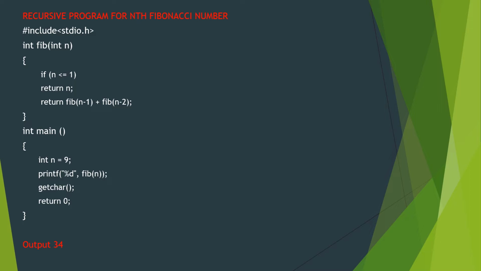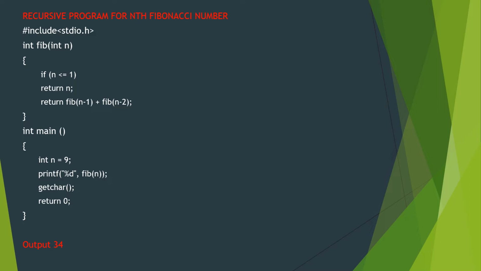For example, if we give n is equal to 1, then the first value is what we have to return, that is, the value is 1. Or else, return fib of n minus 1 plus fib of n minus 2. So this function is called again. That is the recursive function. The function which calls itself, we call it a recursive function.